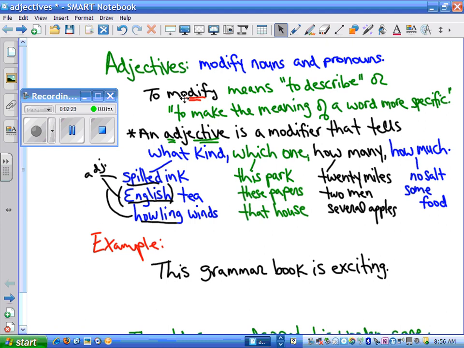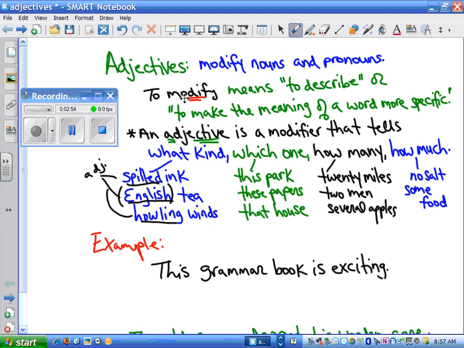Okay, so when we're thinking about parts of speech, we want to think about, well, what is that word doing in the sentence? Right? You have to ask yourself that question. Because in one sentence, that word might be a noun, and in another, it could be an adjective.